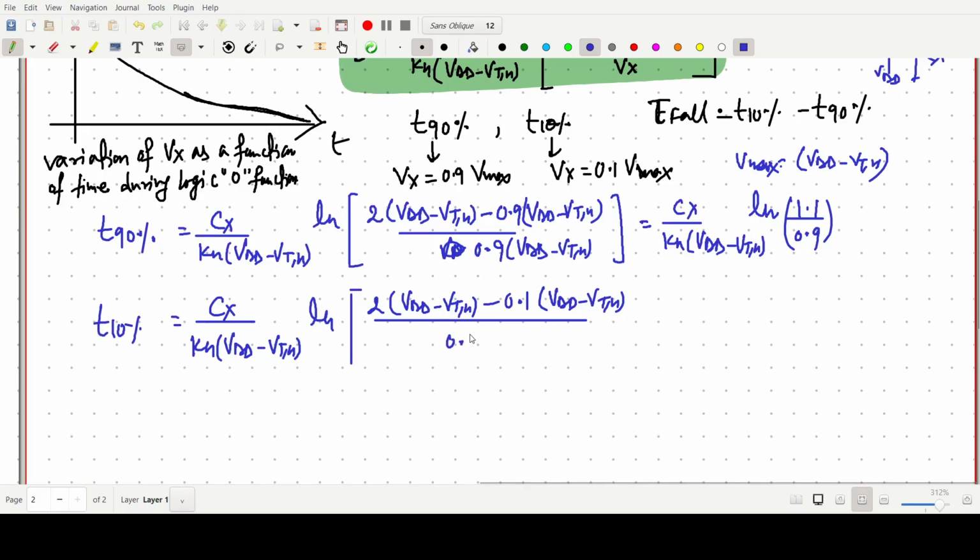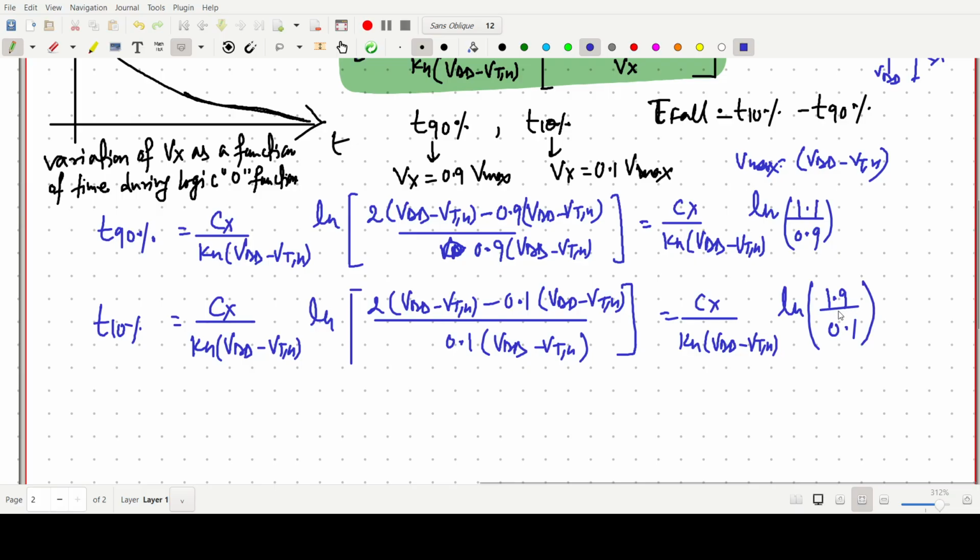Again this cancels: 2 minus 0.1 means 1.9 by 0.1, or simply ln 19.